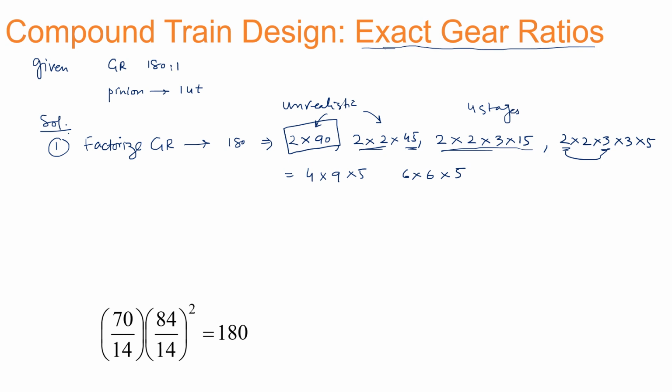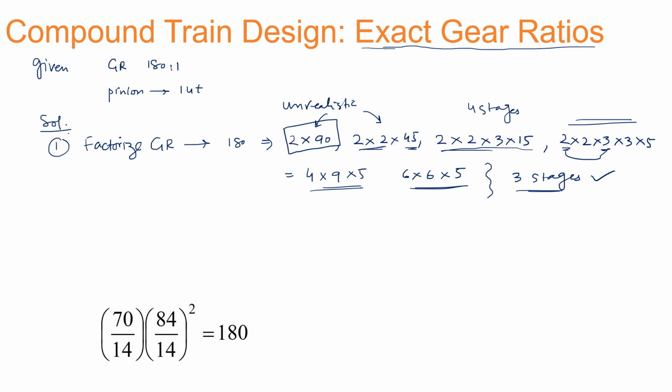So that's why we have done this exercise, to combine some factors in a fashion that gives you a lesser number of stages. In this kind of arrangement you have 3 stages, and from here I can see that that would be appropriate, but whether 4 into 9 into 5 would be a good option, or 6 into 6 into 5 is going to be a good option.